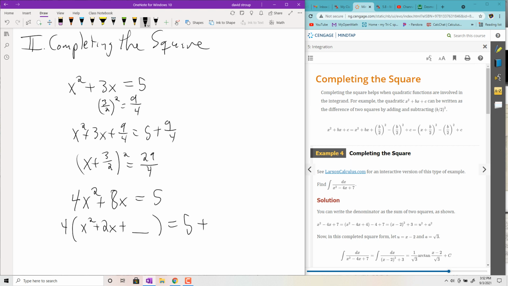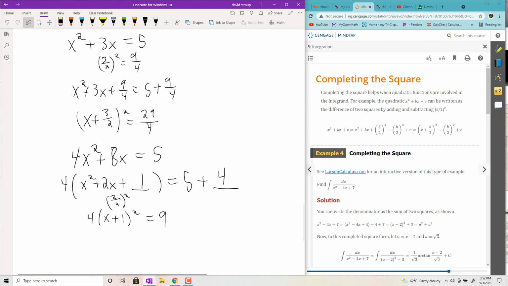But when you add that something to the other side, it has to be 4 times that something, right? So the number you would use is 2 over 2 squared here, which would just be 1. But you're not adding 1 on the other side, you have to add 4, right? So it would be x plus 1 squared equals 9, and then you could solve for x.